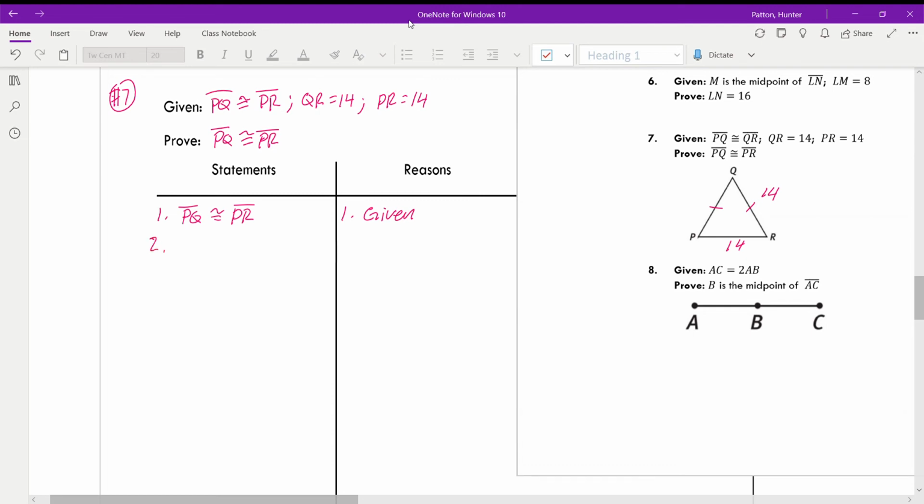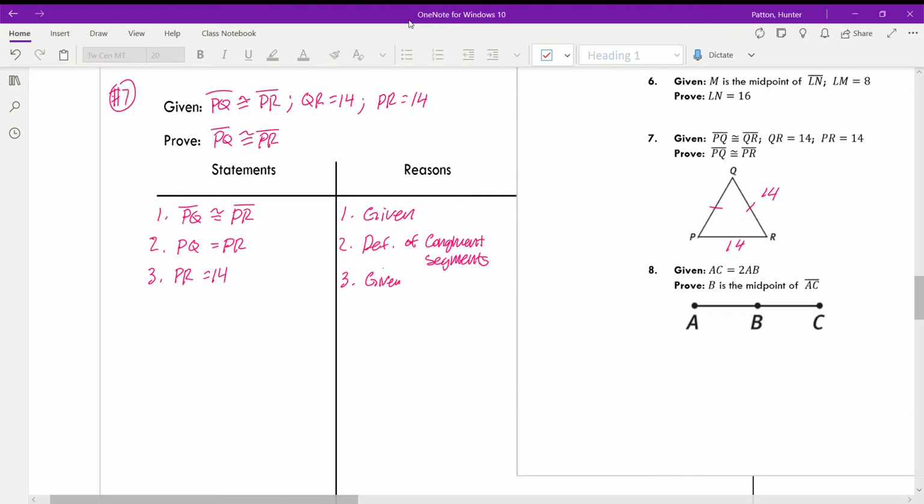I'm dealing with these in terms of their lengths, so I'm going to write this statement as their lengths being equal. I can do that by the definition of congruent segments. Now, I know PR right here is 14. This is just a given.